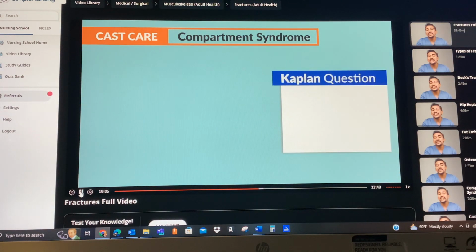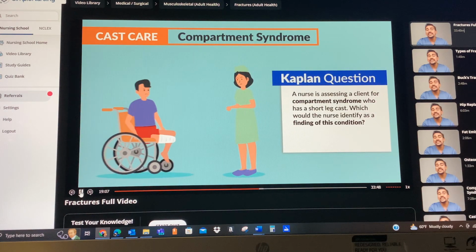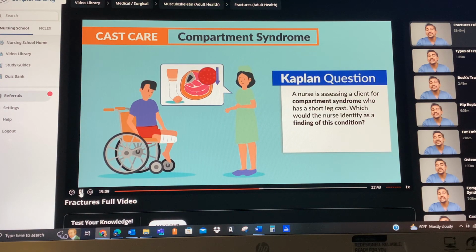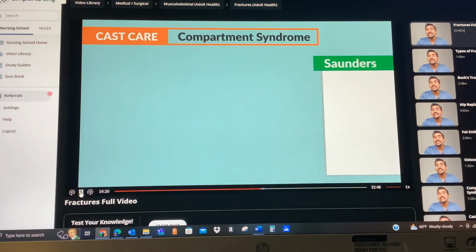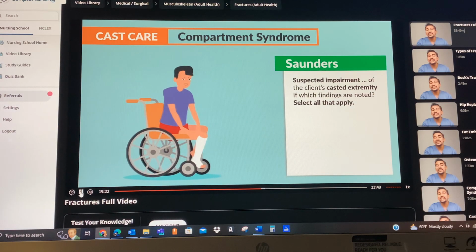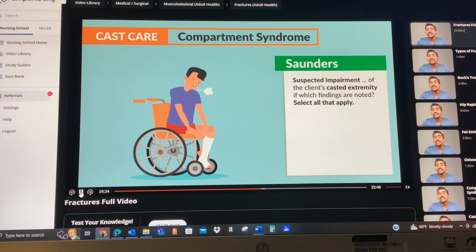So Kaplan mentions, a nurse is assessing a client for compartment syndrome who has a short leg cast. Which would the nurse identify as the finding of this condition? Pain that increases with passive movement. And Saunders mentions, suspected impairment of the client's casted extremity if which findings are noted.